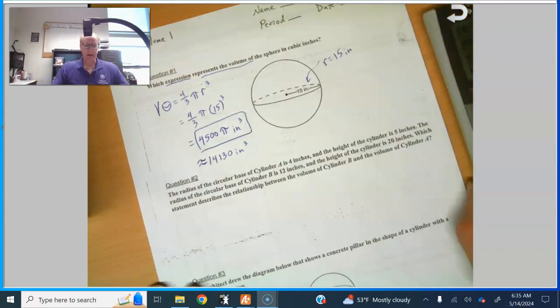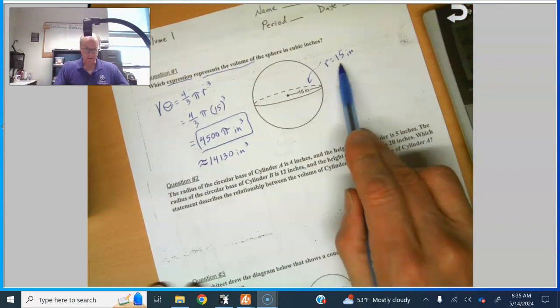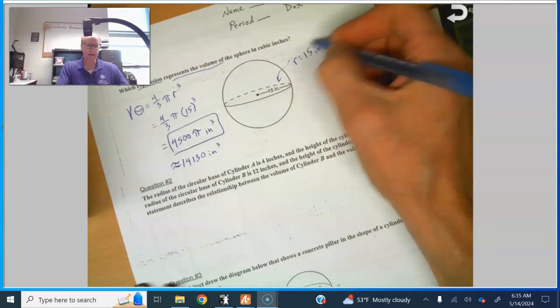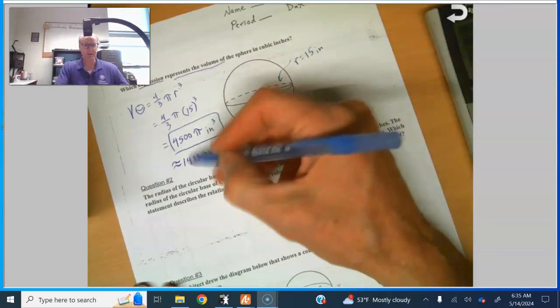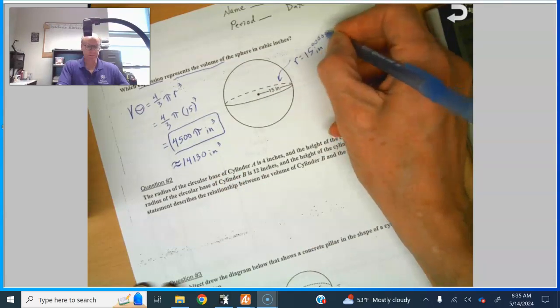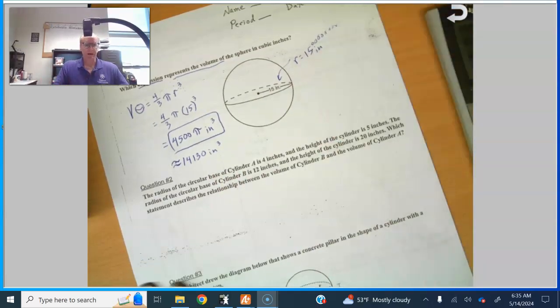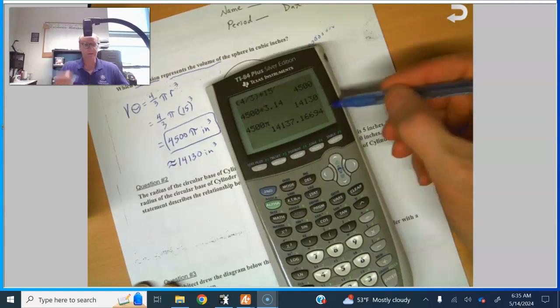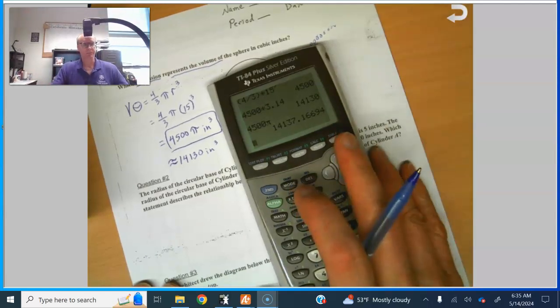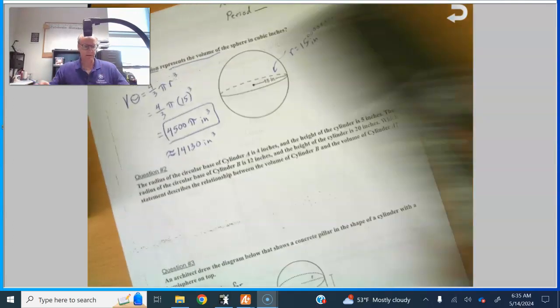That's going to be very accurate, assuming this is. Now, if this is 15 approximately, then this is only about 14,000. If this is 15.000000000 and so on, then this one is the exact or the approximate answer. Very accurate. Okay, way more than you needed.